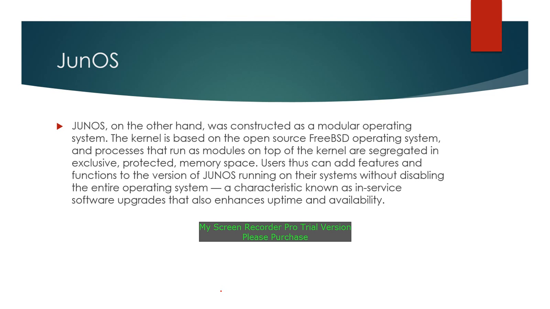So if anything is not working, only that specific module will be impacted, not the entire Juniper OS. This is a main key feature of Juniper OS. If we would like to upgrade our device, we need not worry about downtime or a maintenance window. There is a feature called in service software upgrade, ISSU, that provides enhanced uptime and availability.